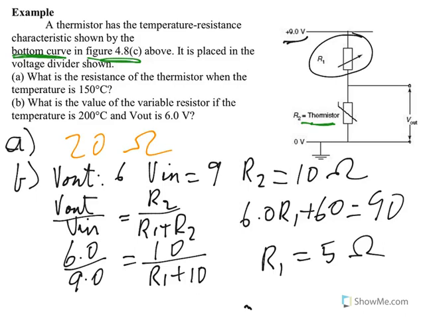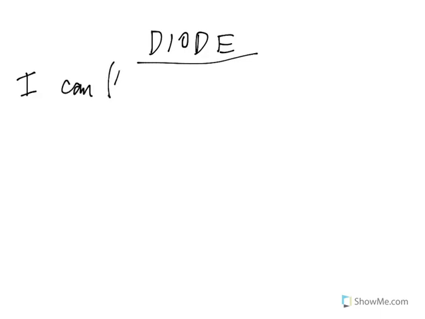Alright, the next input transducer, I should say, is a thing called a diode. In modern electronics, diodes are extremely common, and they have a very interesting characteristic: current can flow in one way only.